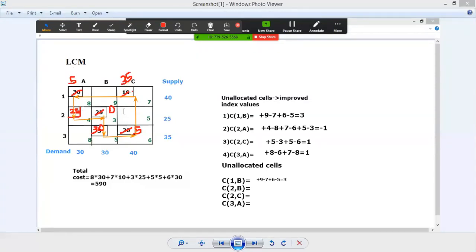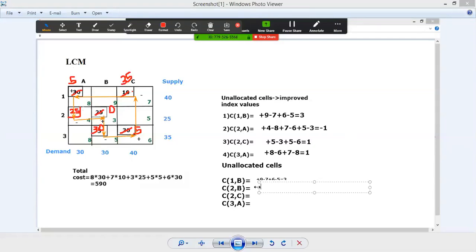Alternatively, we have to assign symbols starting from the unoccupied cell. Now compute the net cost.